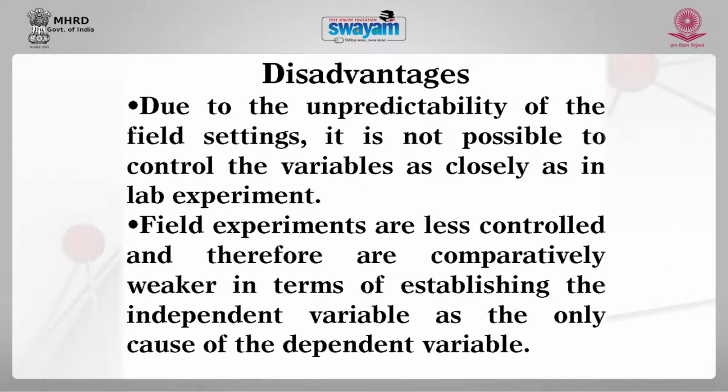But there are disadvantages. Due to the unpredictability of the field settings, it is not possible to control the variables as closely as in the lab experiment. Field experiments are less controlled and therefore are comparatively weaker in terms of establishing the independent variable as the only cause of the dependent variable.